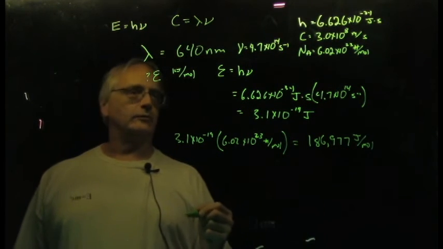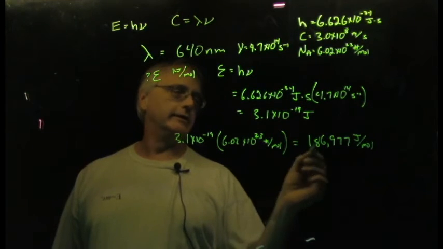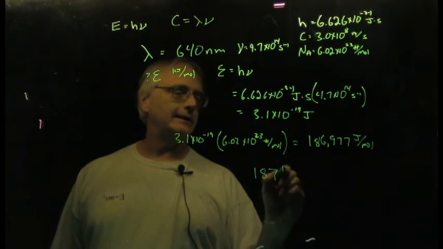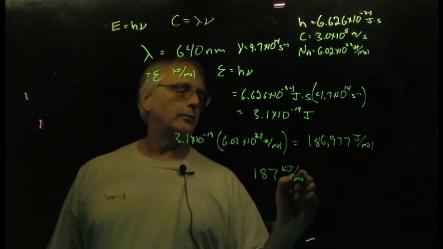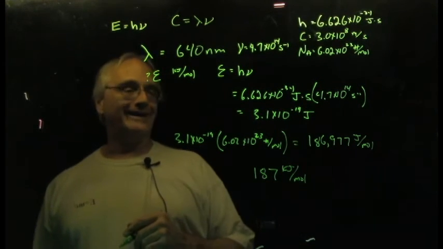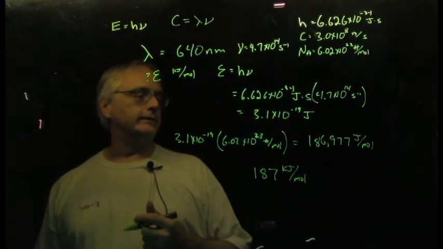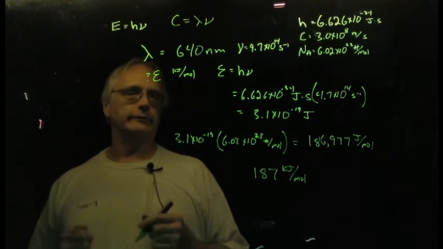And of course, that's just one tiny jump away from, rounding off to 3 digits, 187 kilojoules per mole. So 1 mole of red light from the red light laser has 187 kilojoules of energy in it.